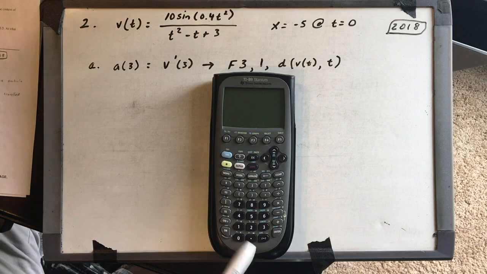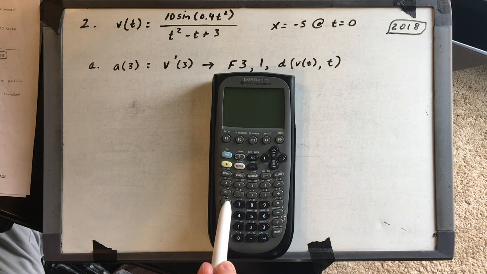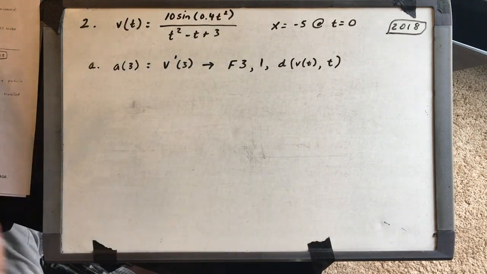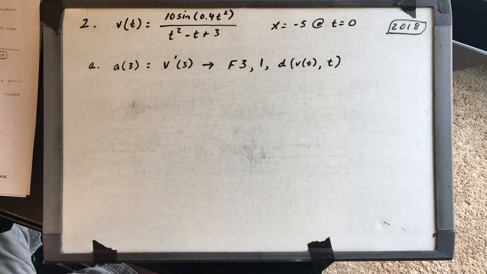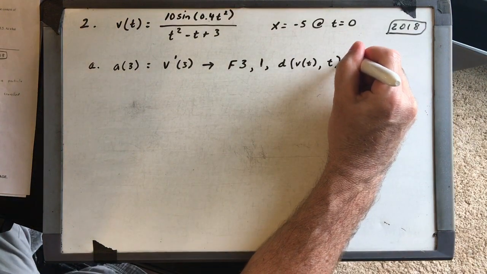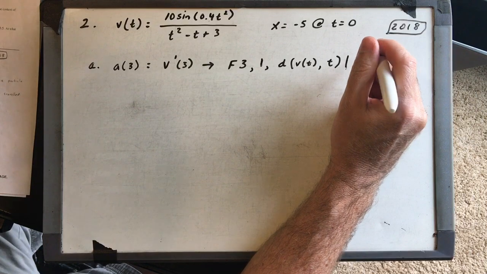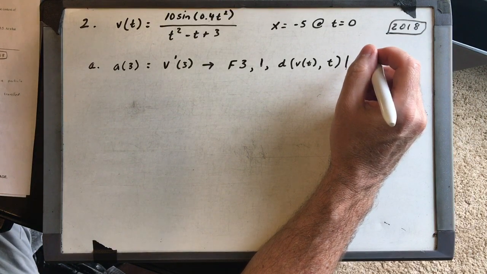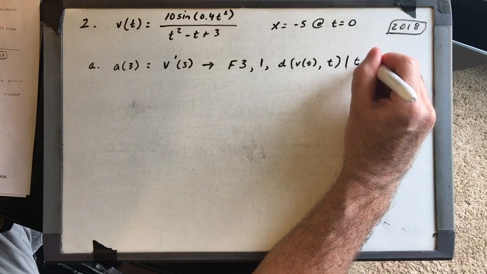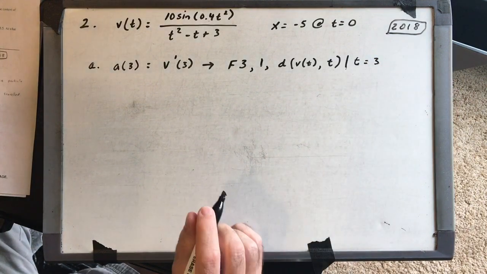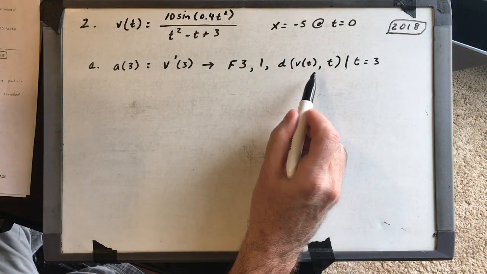The vertical bar is right underneath the equal sign here. After you close that parenthesis with the t, hit the vertical bar, and then you have to type in, don't just put a 3, you have to type in t is equal to 3.